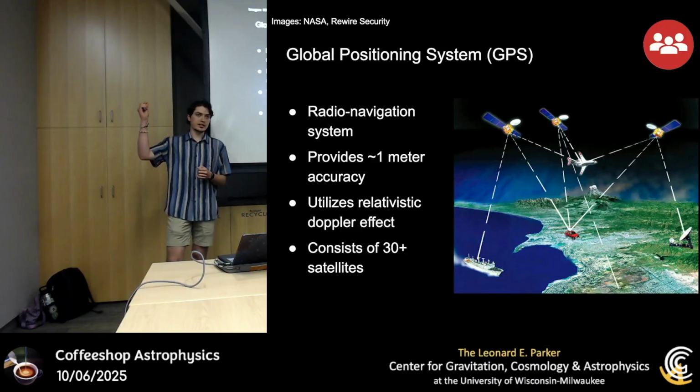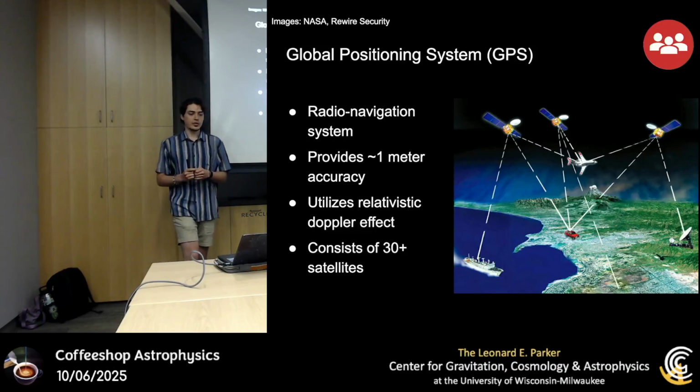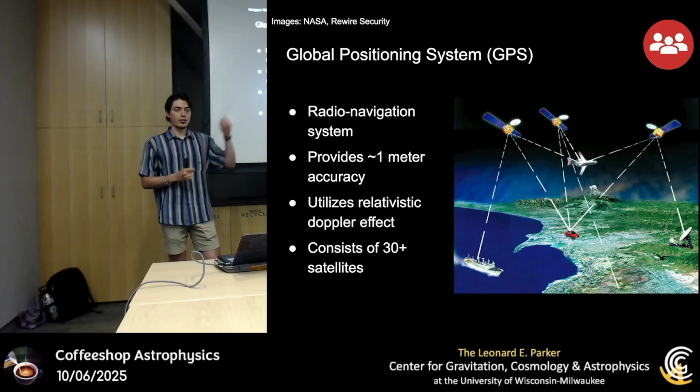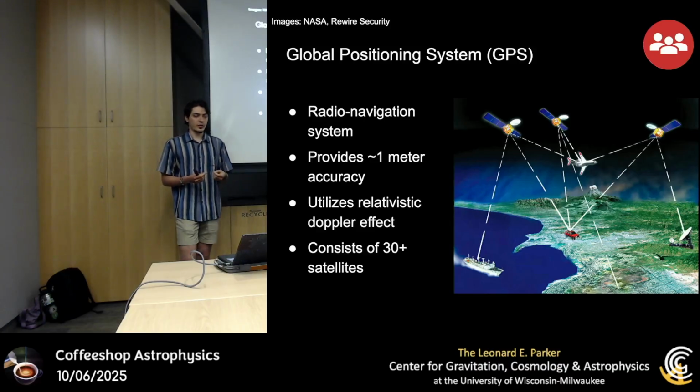GPS satellites broadcast their exact time down to a receiver, and the receiver uses the time it took for that signal to arrive to measure the distance to that satellite. And by doing that with multiple satellites, at least 4, you can get your precise location on Earth. And this has many uses other than navigation.